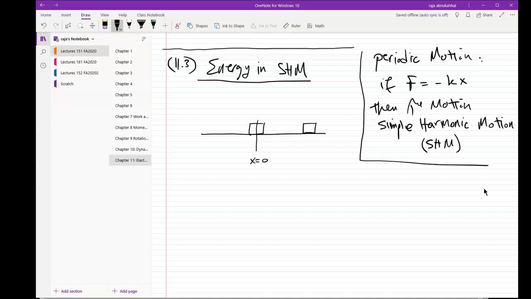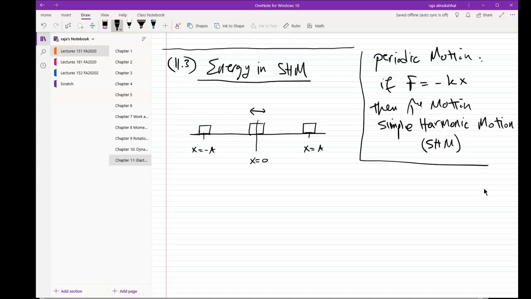So here we have the mass moving to and fro, and we said that these are the maximum displacements. We call them x equals the amplitude A, and this is x equals minus A, correct? Okay, and it's moving right and left like that.